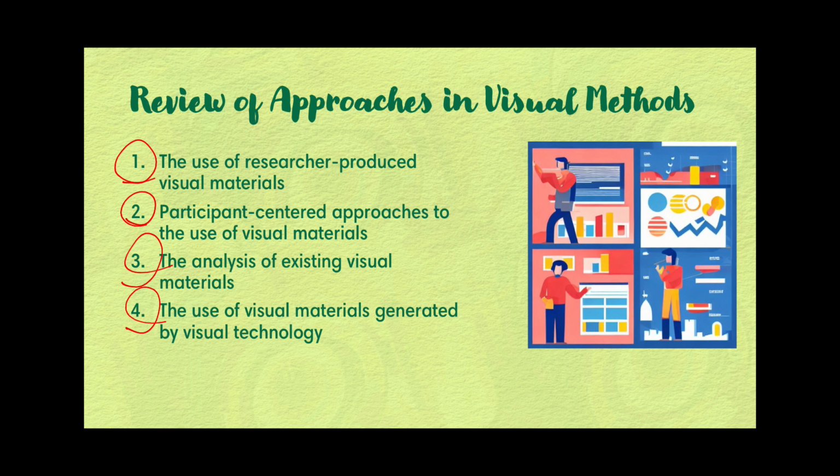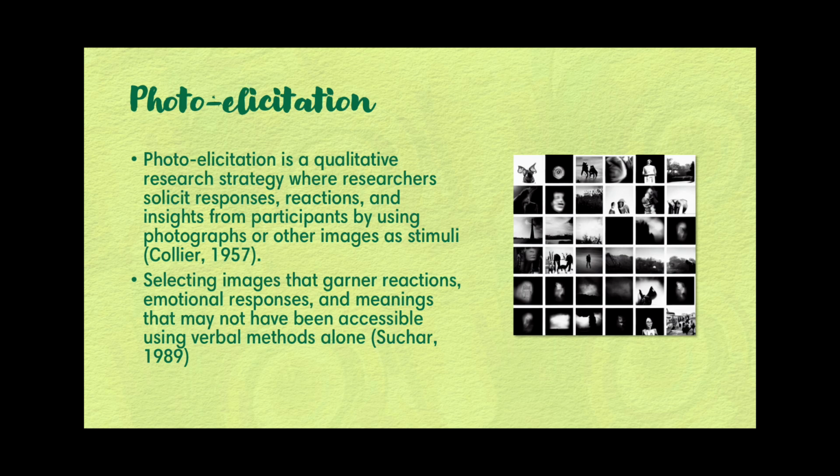And for our purposes in this particular lecture and in the rest of our class, we'll talk about participant-centered approaches in the use of visual materials. And maybe we can also use some analysis of existing visual materials, especially when we go to photohistorias later. Alright, so let's talk about the first one, photo-elicitation, from the article of Coops.